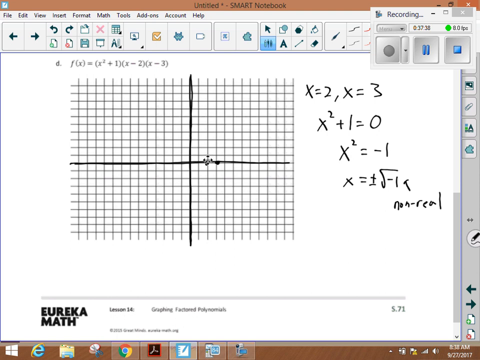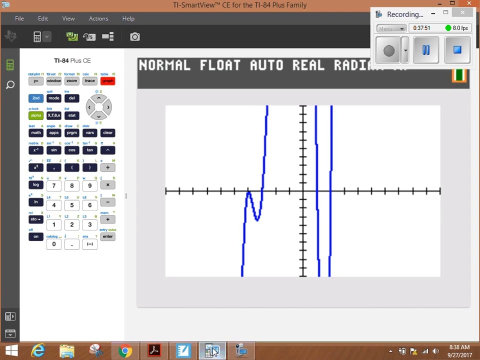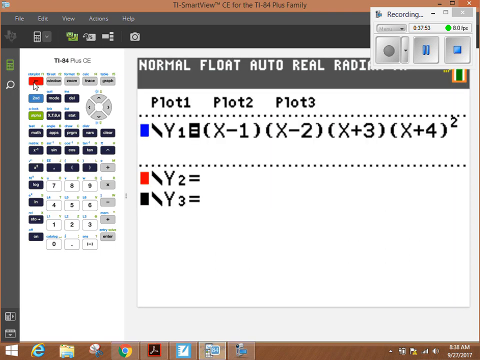All right, so we have another x-intercept at x equals 3. And there's something going on all around those things. We're not sure what. Let's go ahead and put this into our handy-dandy graphing calculator. So I'll go to my y equals. I'm going to clear that.